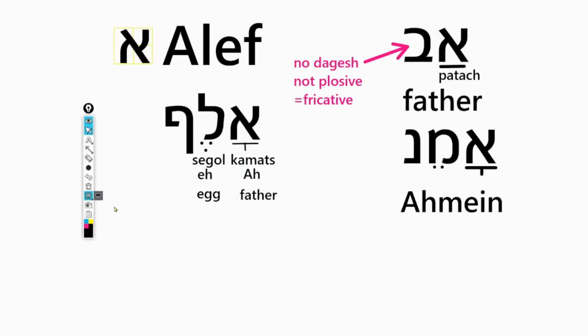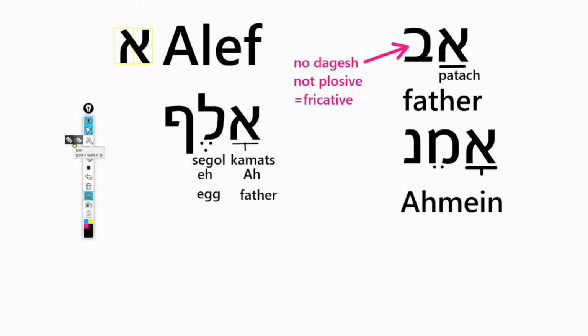Now let's look at a couple of words spelling, starting with the letter Aleph. We notice the first word has a patak under the Aleph, and then it's followed by Beyt. But note, the Beyt does not have a dagesh in the center. If it doesn't have a dagesh in the center, then it is not plosive.